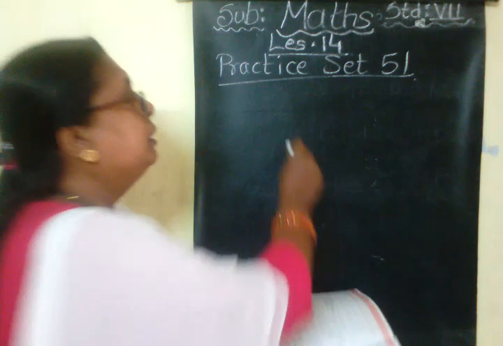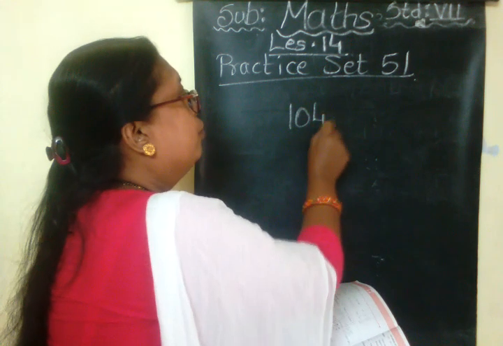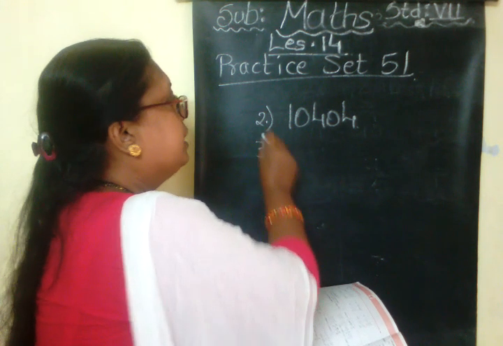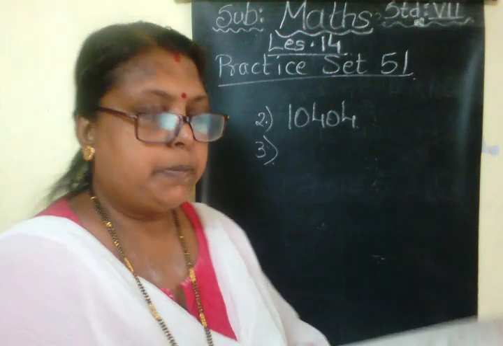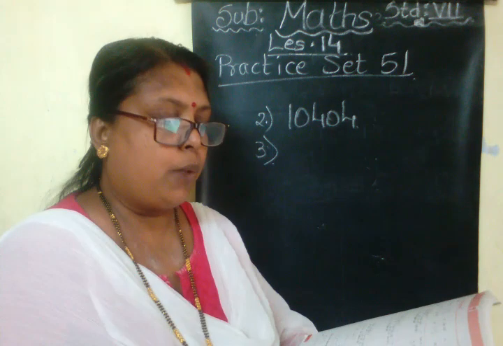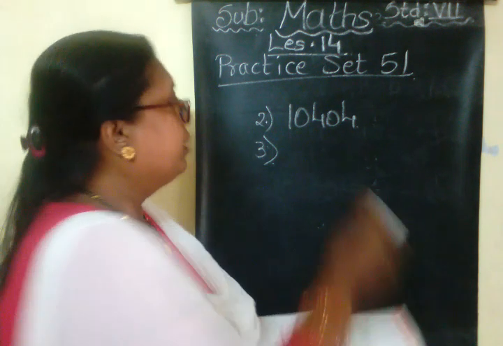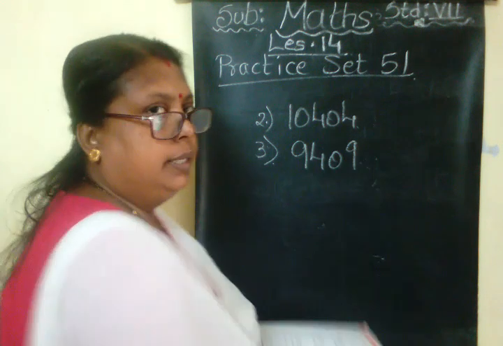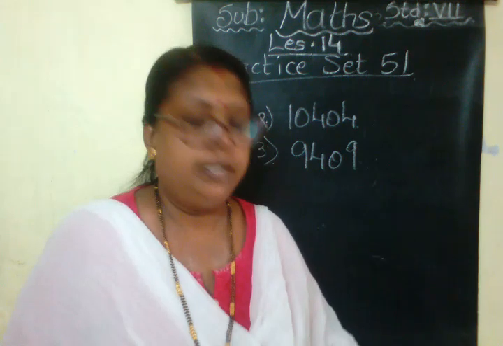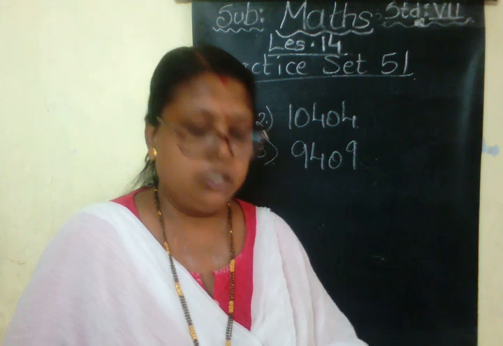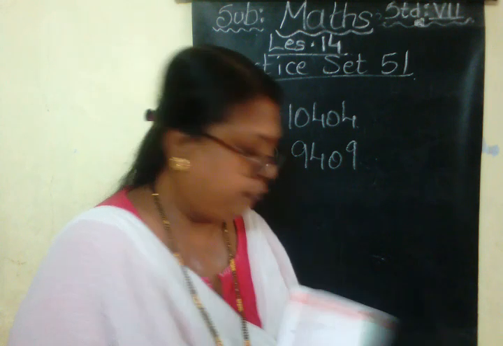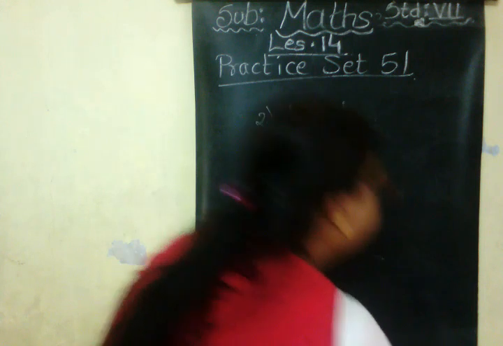And the second one, the expansion was of 97 square. So 97 square you get answer as 9409. So these are the two answers of the homework that I gave you. Now we will begin with practice set 51.